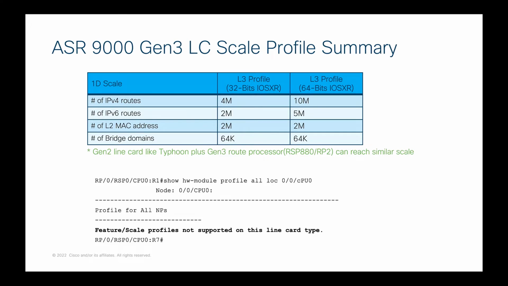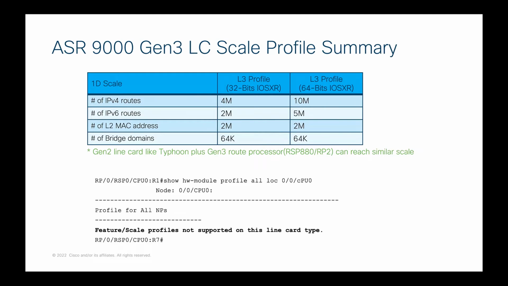It has the system resources already capable of supporting all those customer scale demands. So we do not require defining a system scale profile for the Tomahawk or generation 3 line card or system. And as you see, if you try to show hardware profile for a Tomahawk line card, it will tell you the scale profile is not supported for this generation line card.